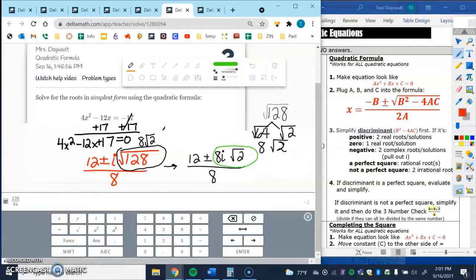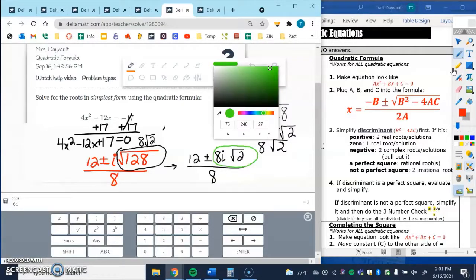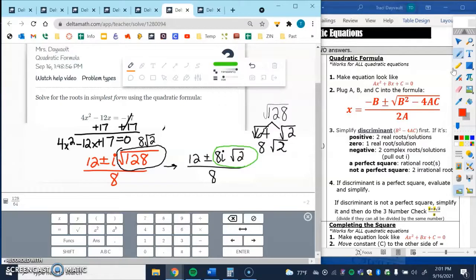All right, next thing we need to do is the 3 number check since 128 was not a perfect square. The 3 number check means we check all 3 of these numbers to see if all 3 of them can be divided by the same number. So let's see if all 3 of those can be divided by the same number. Yes, they can.